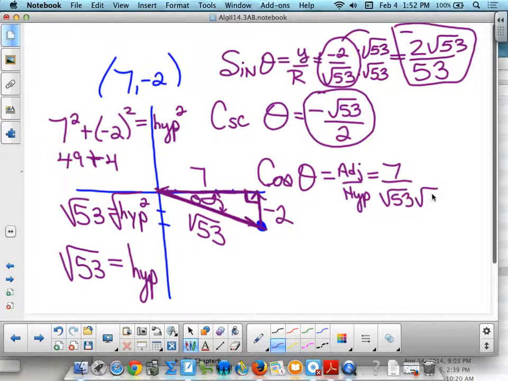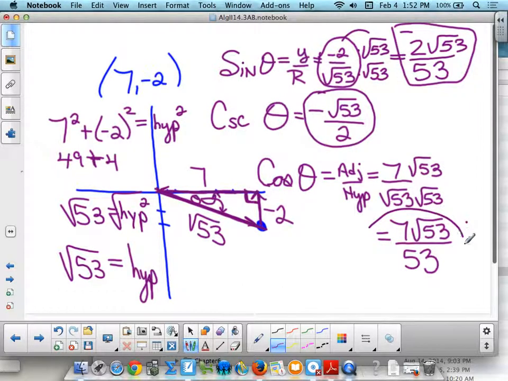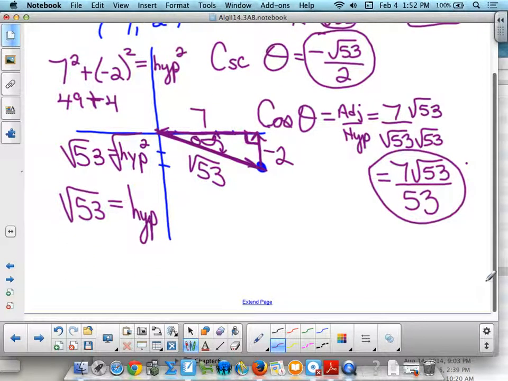Ready? Square root of 53 times square root of 53, which will give me 53 on the bottom, 7 square root of 53 on the top. Is this reduced right here? 7 53rds? Yep. That's done. Cosine is this. Okay, now you want the reciprocal function, that would be what?